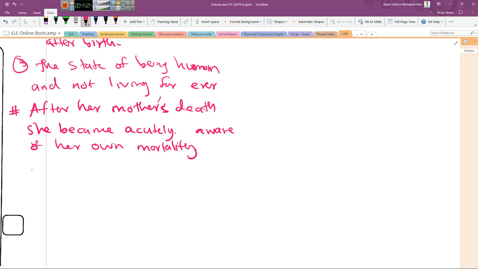Now we have to first understand how the sentence is structured, right? After her mother's death, so after her mother died, she became acutely aware. Now we have to understand why this adverb acutely is used here.